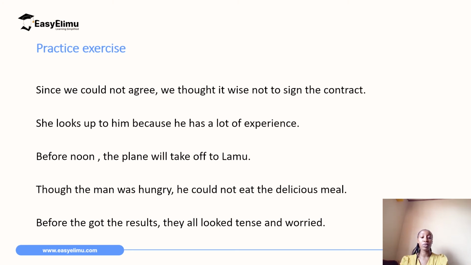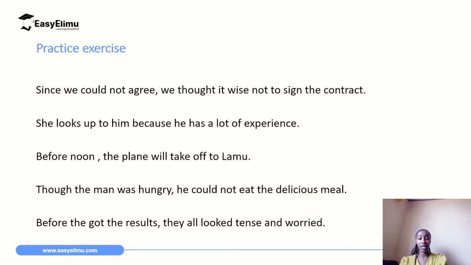Though the man was hungry, he could not eat the delicious meal. This sentence also starts with the subordinate clause. Though the man was hungry, that is the subordinate clause. He could not eat the delicious meal is the independent clause.